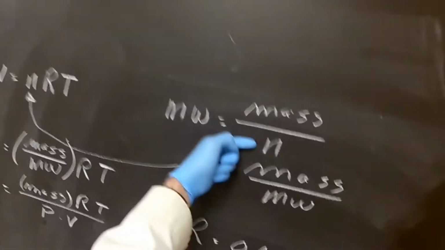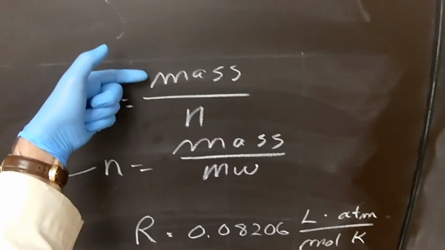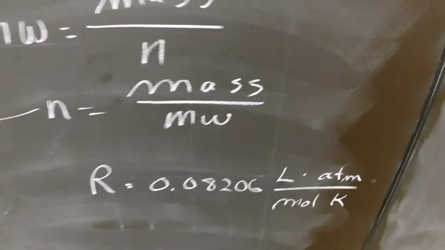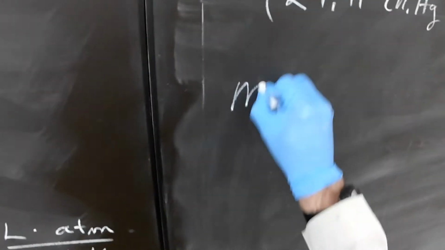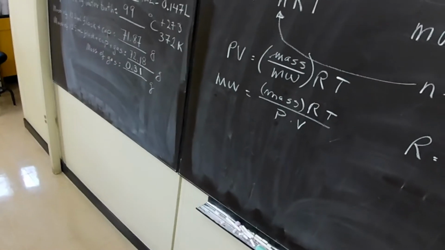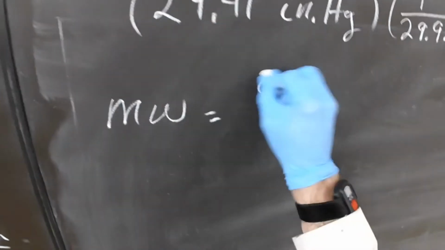Then you would take the moles, put it over here, and the mass, which you've determined, and calculate the molecular weight. So that's a 2-step process. This is a 1-step process. Right? So the 1 step would be mass. What's the mass of the gas? 0.31.